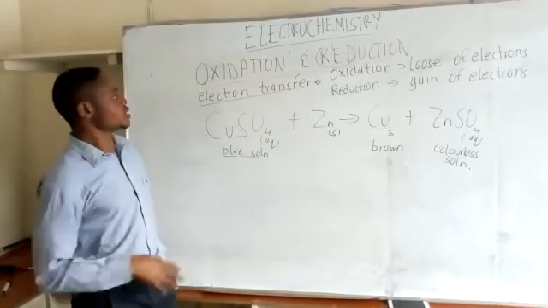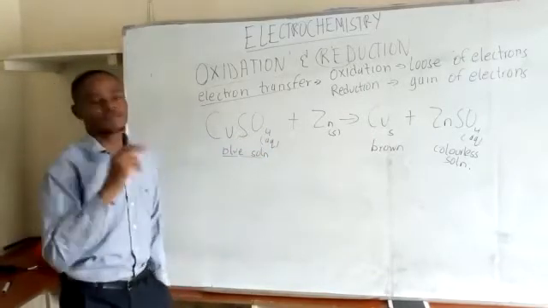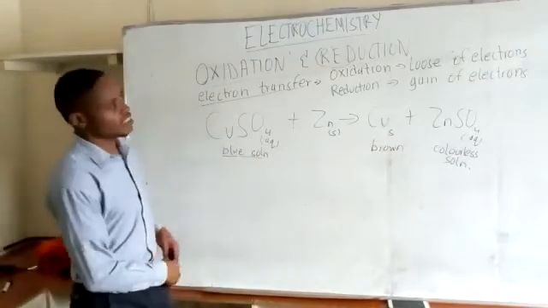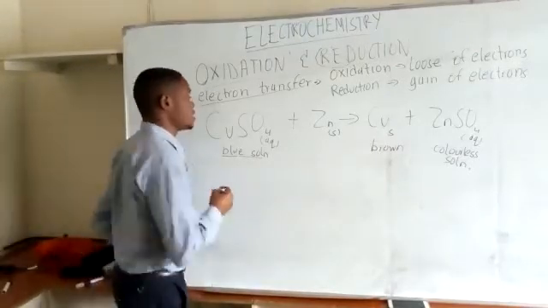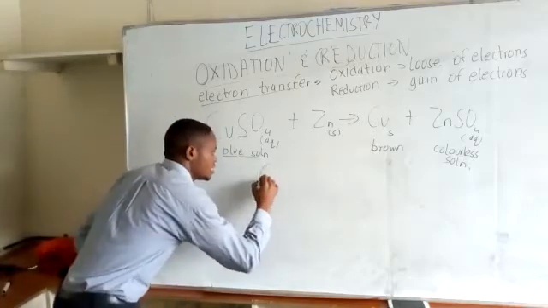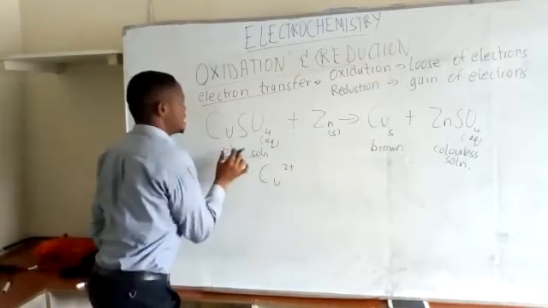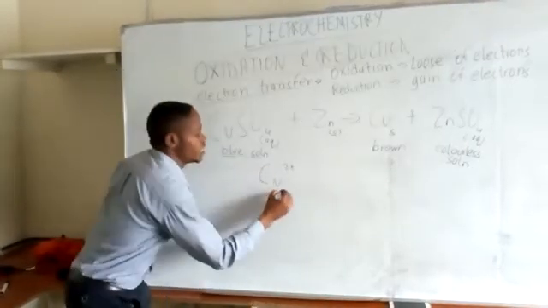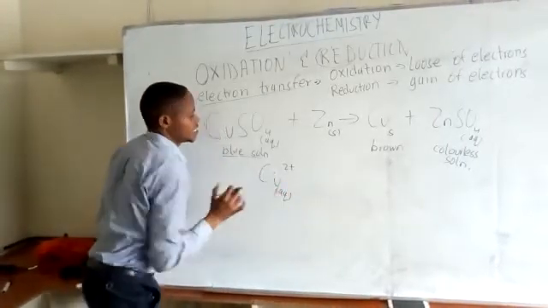From this equation, we can derive the ionic equation. We can exclude the spectator ions. And once we derive the ionic equation, we should have something like this. Copper is in solution, that's why it is an ion.